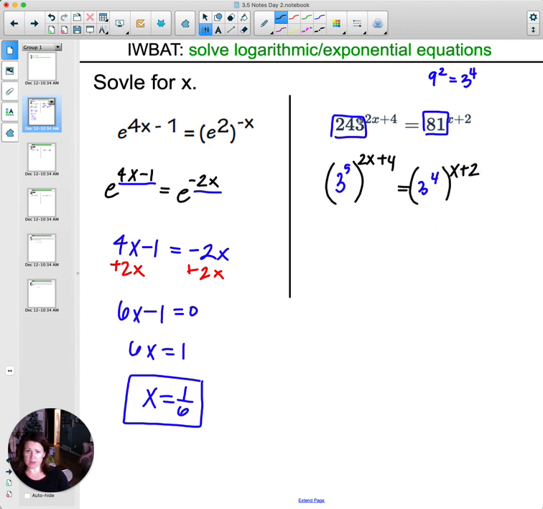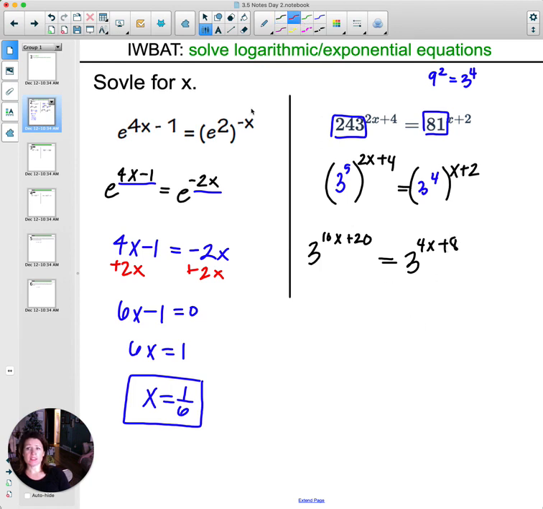Now these have the same base, so let's again use the power rule here. We're going to multiply the 5 with this exponent, so we get 10x plus 20. And here we're going to multiply these two together, 4 times x plus 2, so we have 3 to the 4x plus 8.